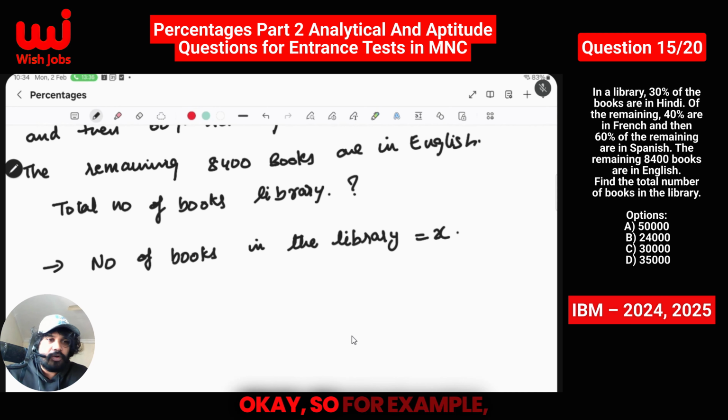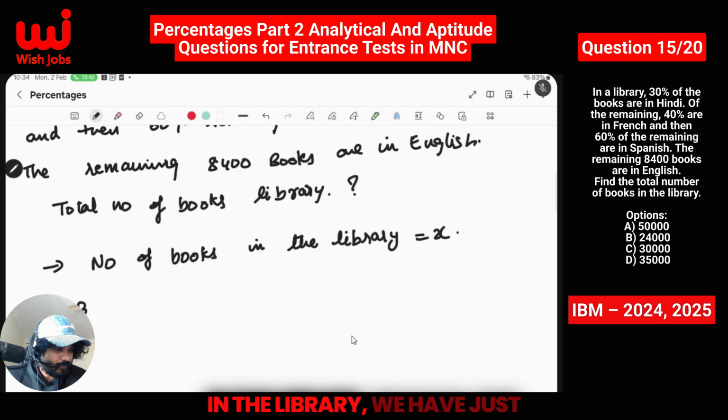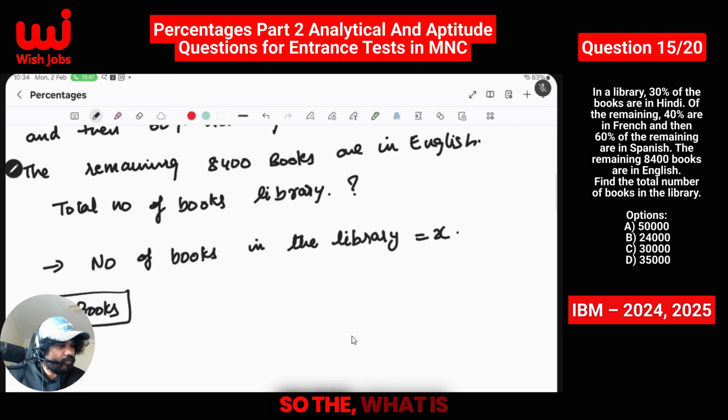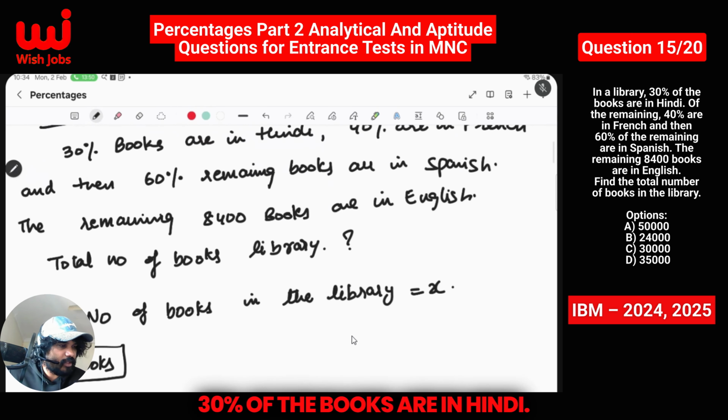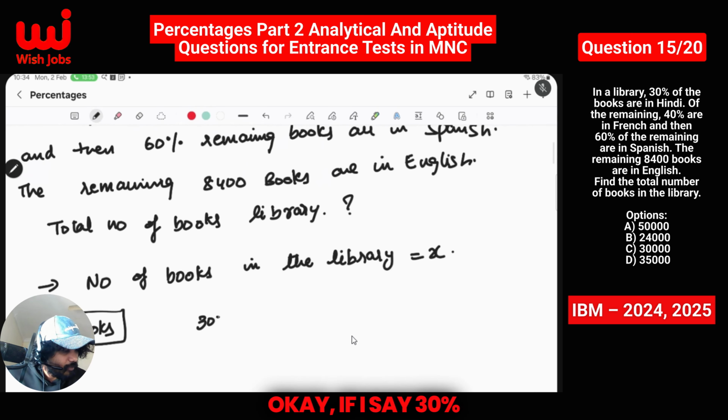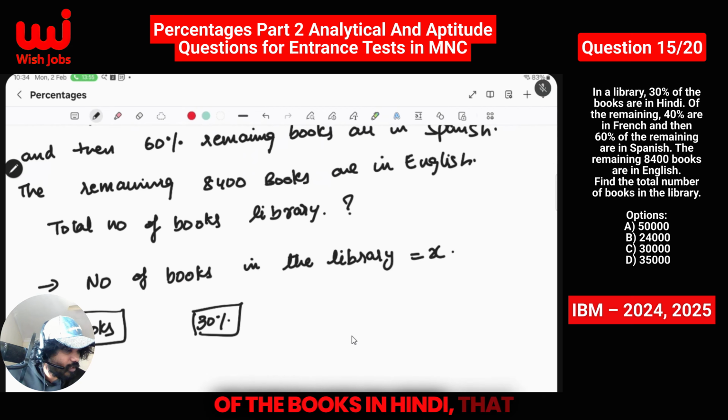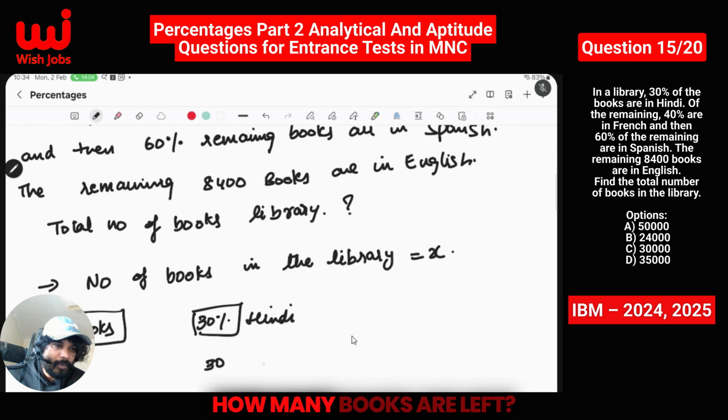For example, if I say we have just 100 books in the library, what is the first statement? 30% of the books are in Hindi. If 30% of the books are in Hindi, how many books are left over? 100 books are there in the library, 30% are in Hindi.